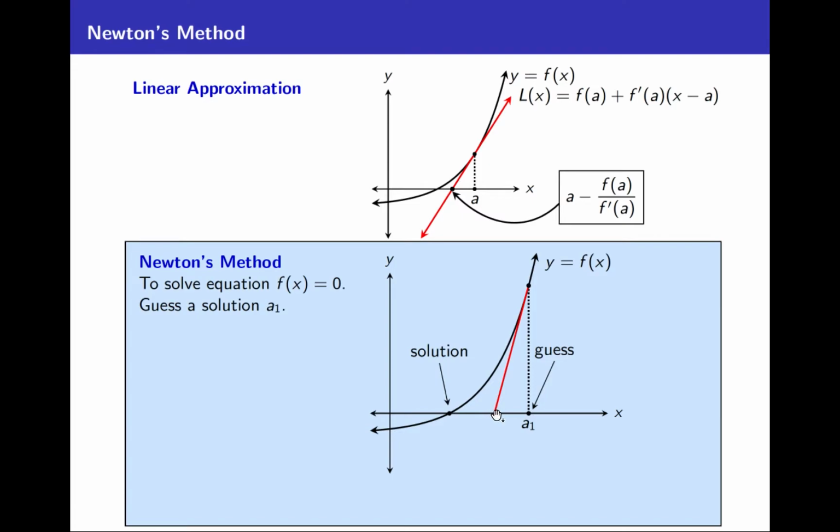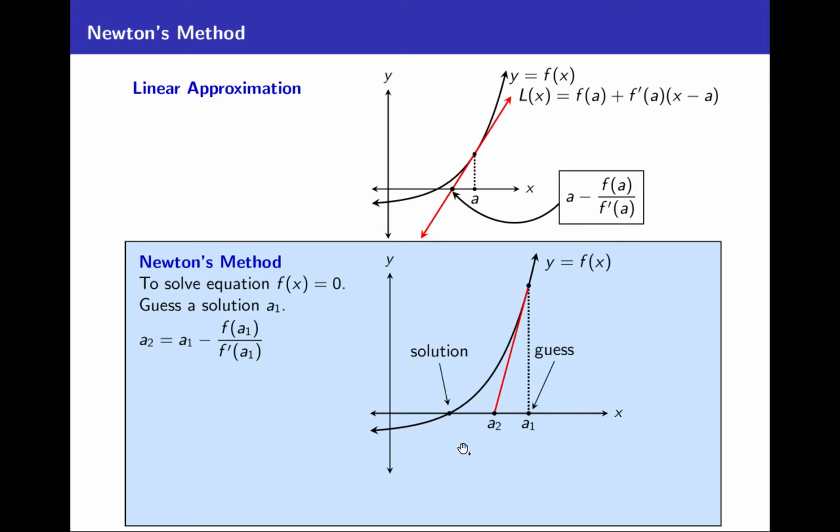Let's call that point a sub 2, where that linear approximation has an x-intercept. By our expression up here, a sub 2 is a sub 1 minus f of a sub 1 over f prime of a sub 1. So that a sub 2 is closer to the solution than a sub 1 was, but it's not the solution.